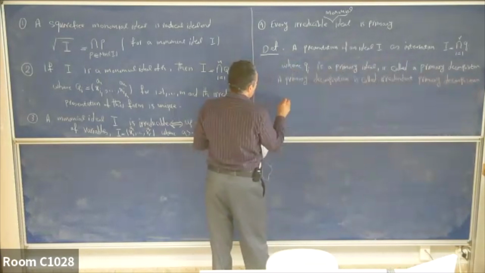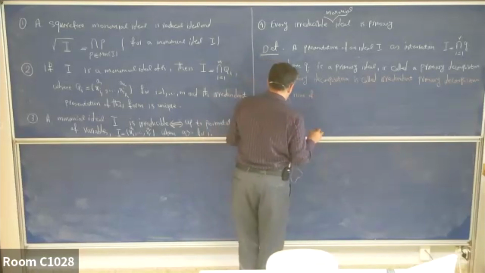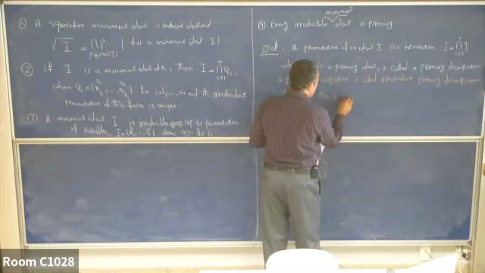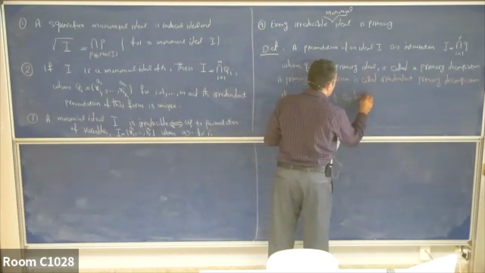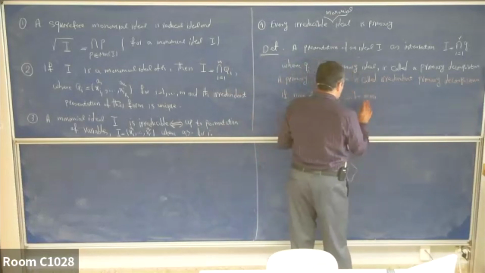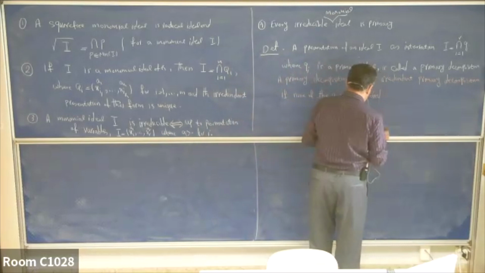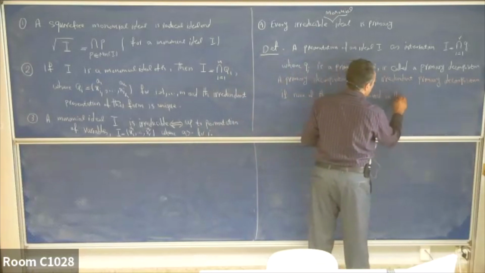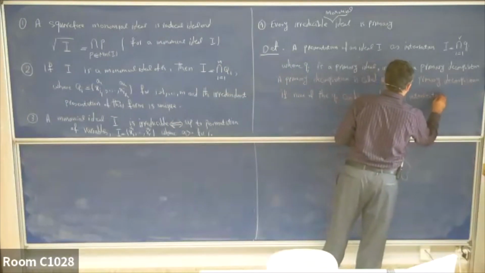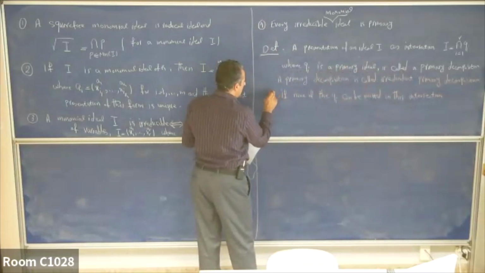An irredundant primary decomposition is one where none of the Q_i can be omitted in this intersection. This is the first condition.